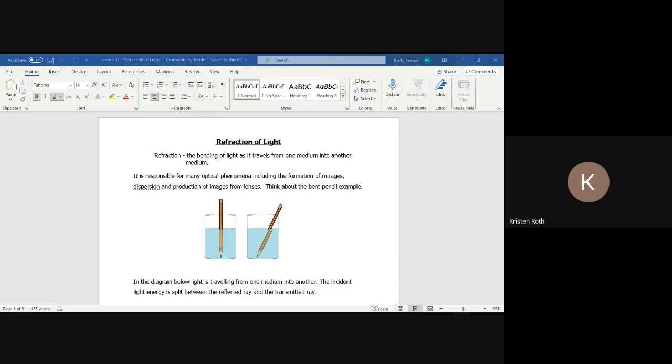That is the fastest speed that light can travel. We're going to get to an equation later where we use that one a lot, the 3.0 times 10 to the power of 8 meters per second. And that is our constant, because that is the fastest that light can travel ever.